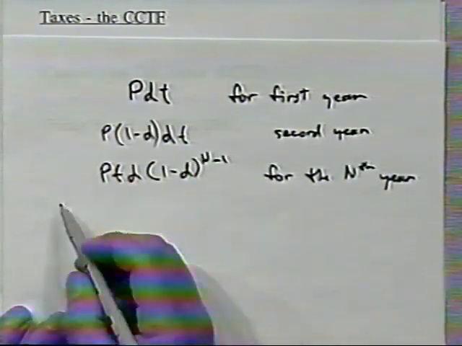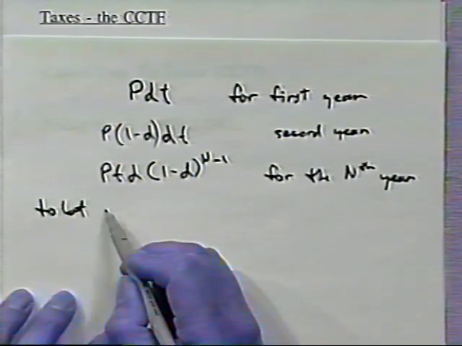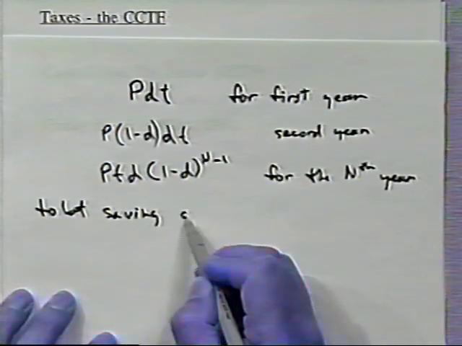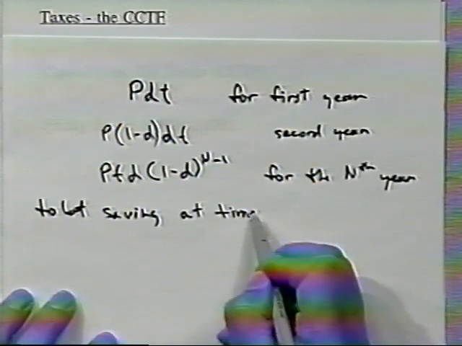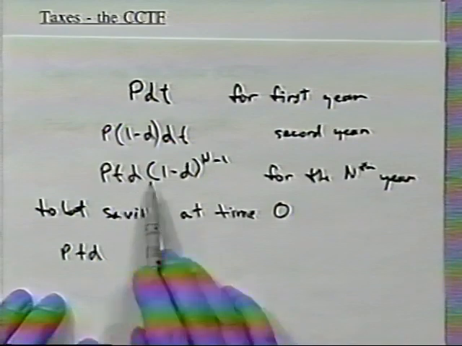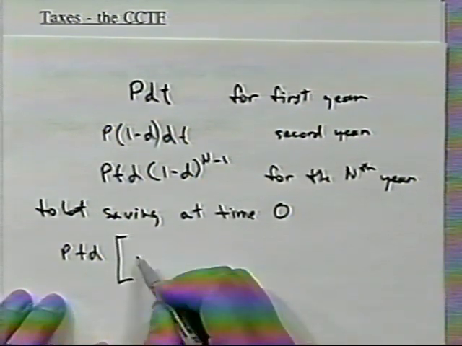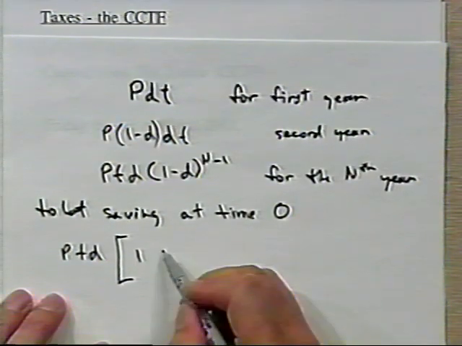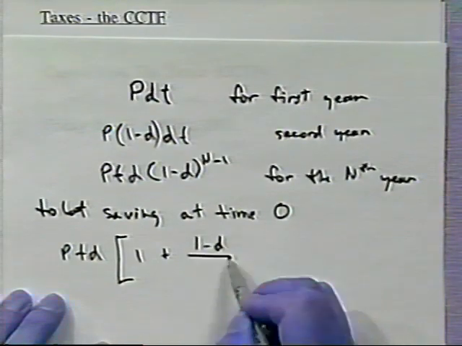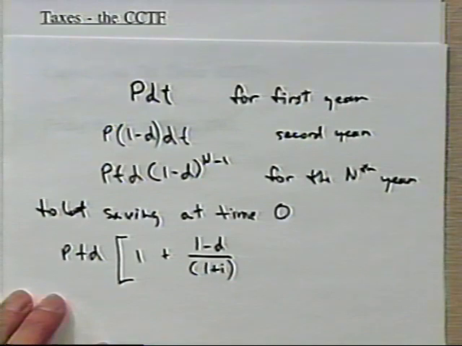So the total savings at time 0 is going to be PTd, because that occurs in each one of these savings, times 1 for the first year, plus (1 minus d) over (1 plus i) for the second year.